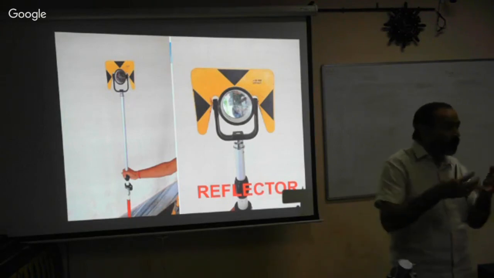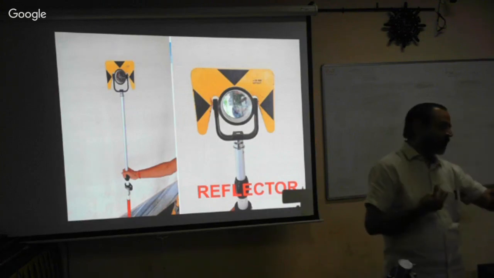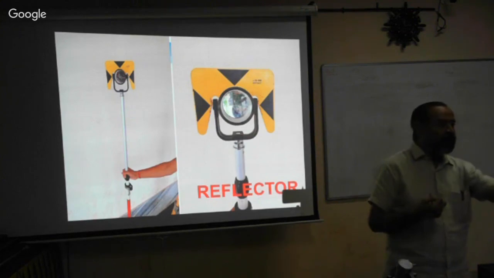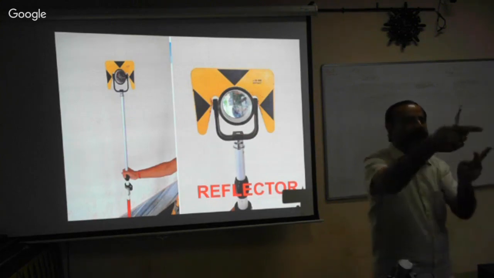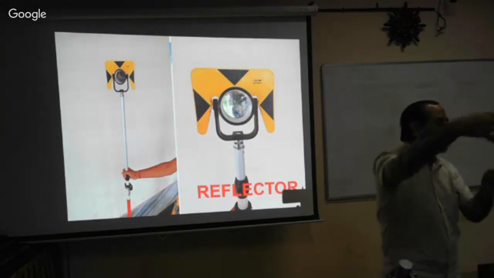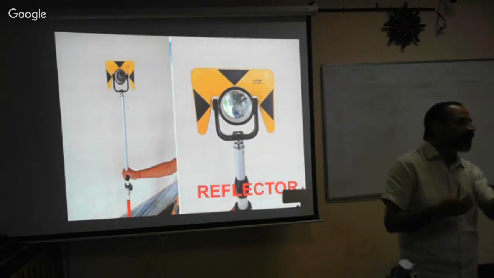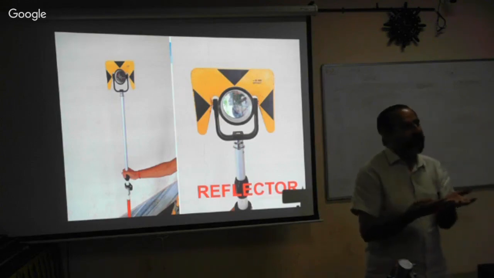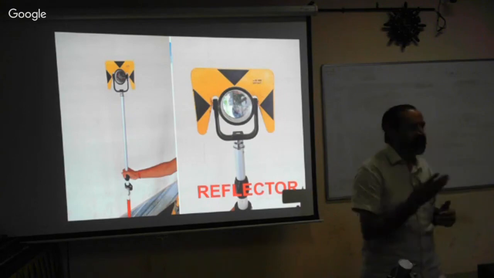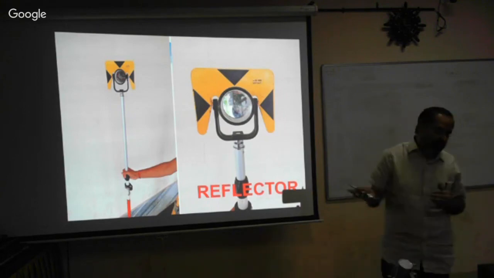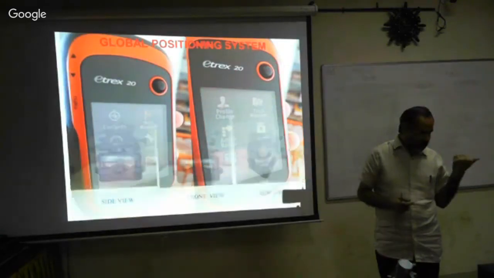Now that will give 2 types of data. One is Excel sheet data, X1, X2, X3, Y1, Y2, Y3, etc. And it also gives the CAD data, so it can be converted to CAD. Isn't it? That is the beauty of that instrument. Okay. Next please.